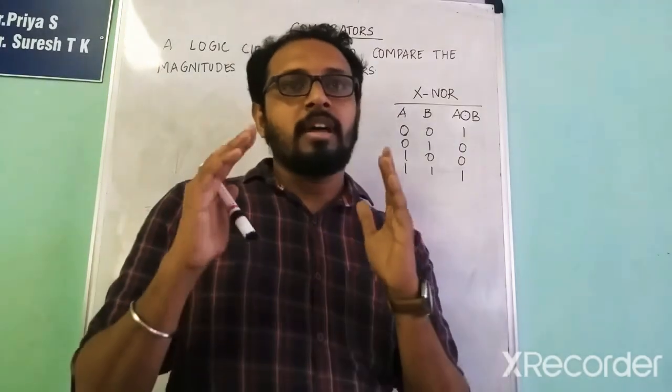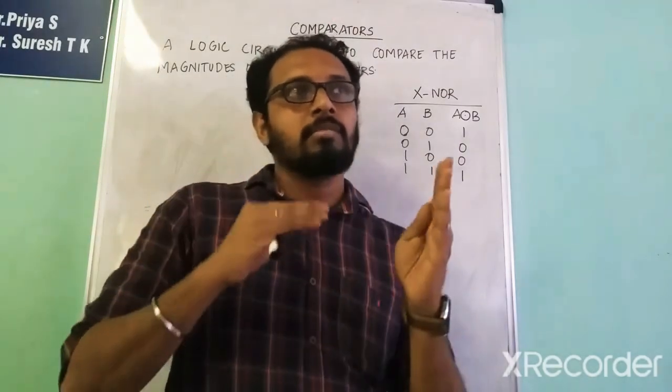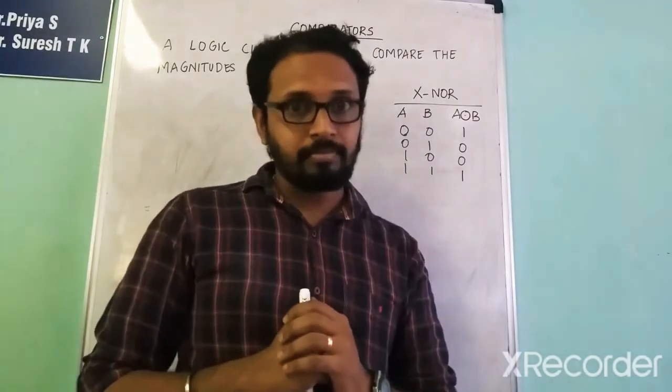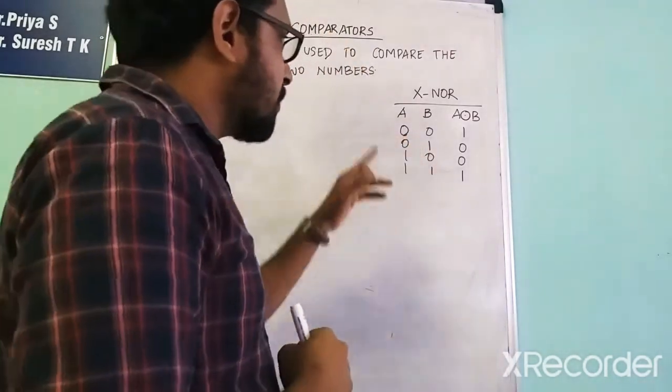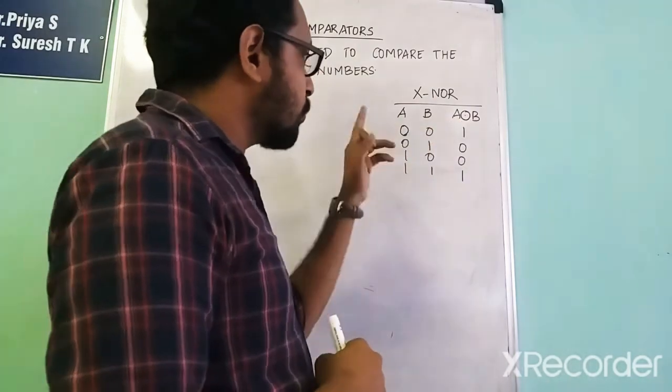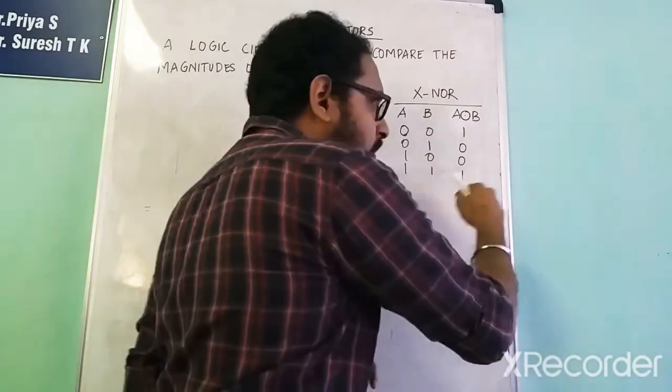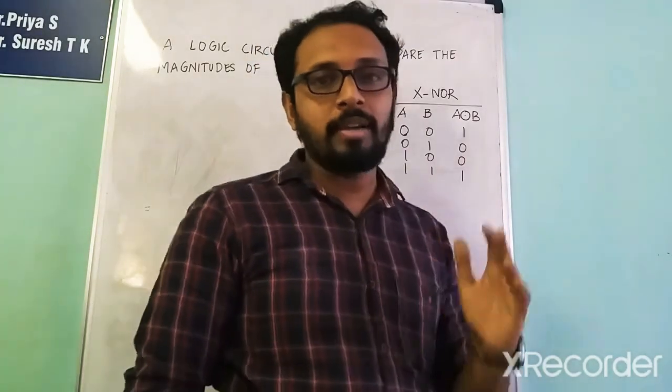Most frequently we see the use of the XOR gate. For XOR, 00 gives 0, 01 gives 1, 10 gives 1, and 11 gives 0.